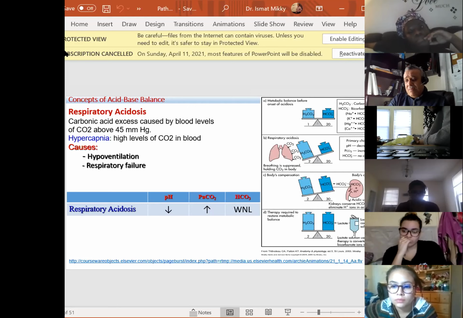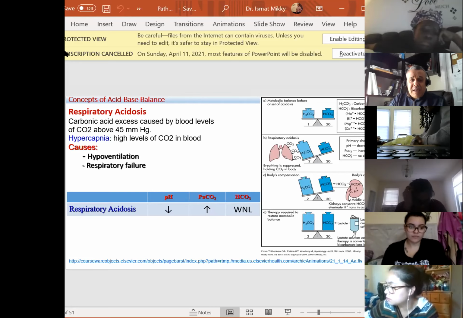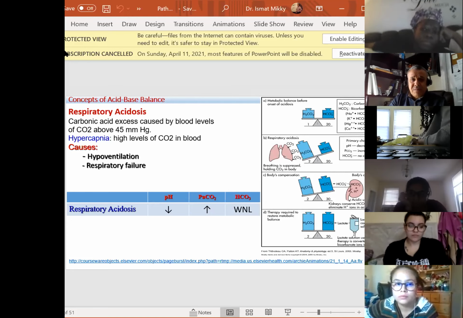And see here at the bottom of the chart or the figure, it says lactate, lactate containing solution. So patients with acidosis, we will treat with lactate containing solution, because the lactate will be converted to bicarb ion in the liver to fix the acidosis.